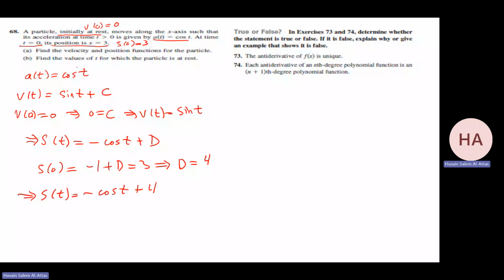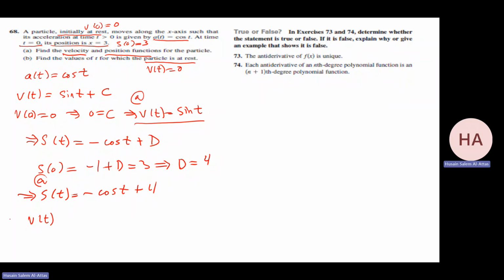What do they want? Find the values of t for which the particle is at rest. When the particle is at rest, it means v of t equals 0. So this is part A, the velocity and the position function.